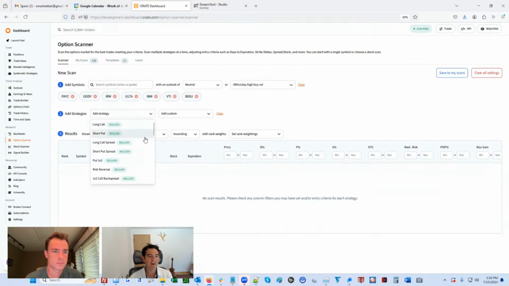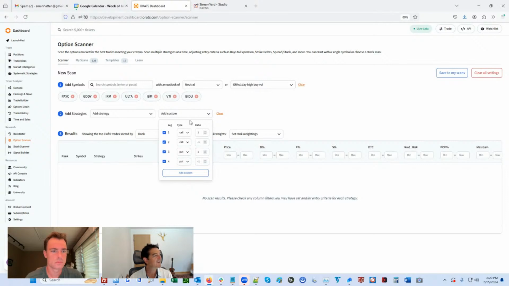It's something like, actually, let's do a custom one. Let's do a reverse iron condor. Why do you suggest that one? Well, it's fun to say, and it's not as much risk, and I think it's a decent low risk, high return strategy.